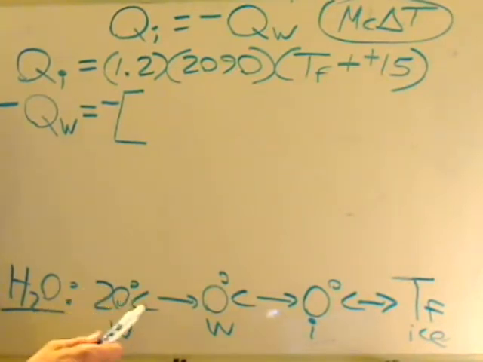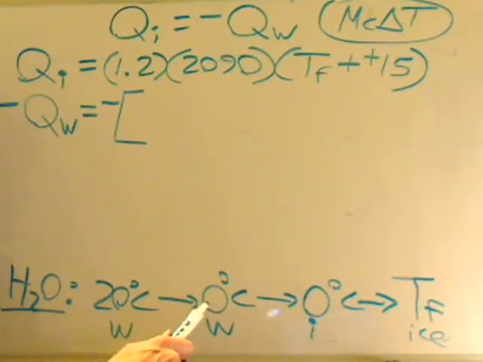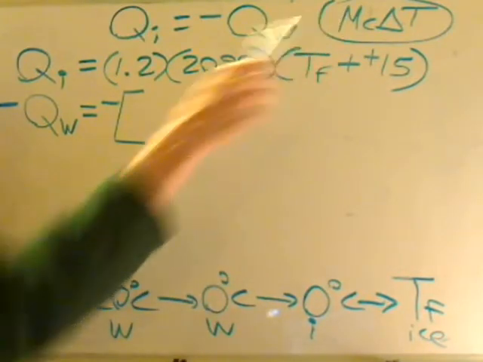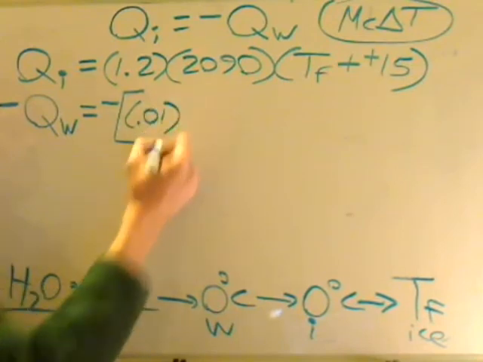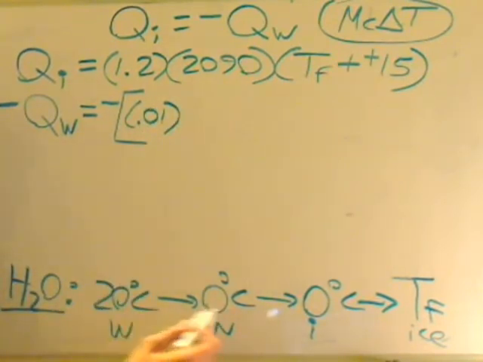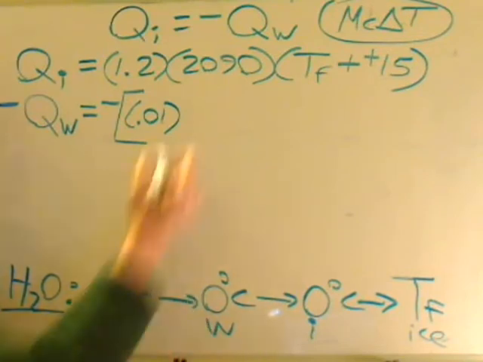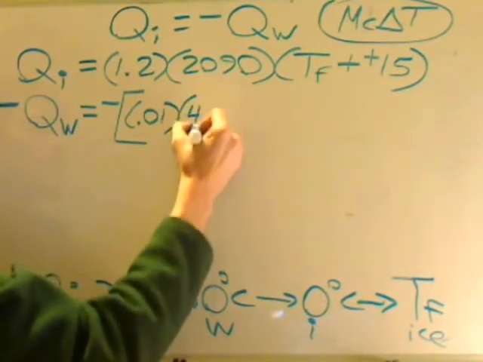Our first stage of cooling, 20 degrees Celsius to 0 degrees Celsius as water. So mc delta T, we have a mass of 0.01. Because it's liquid water, the specific heat of water is 4190.